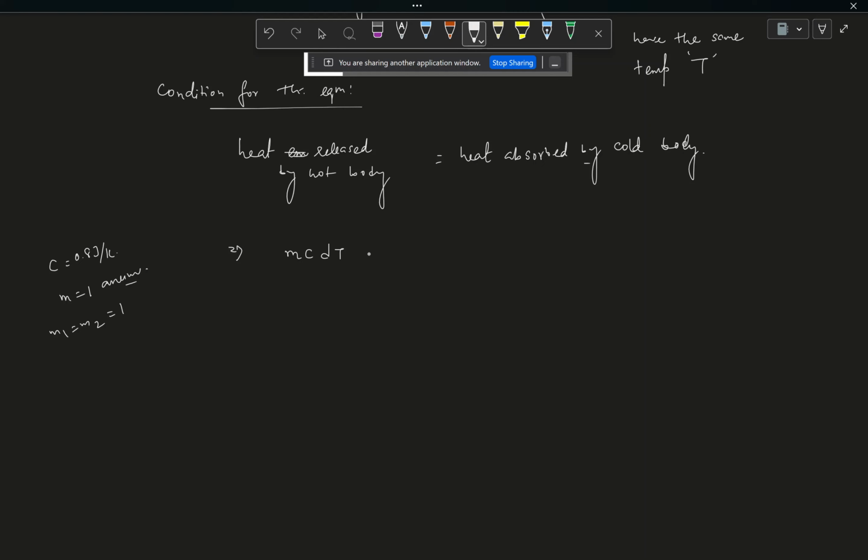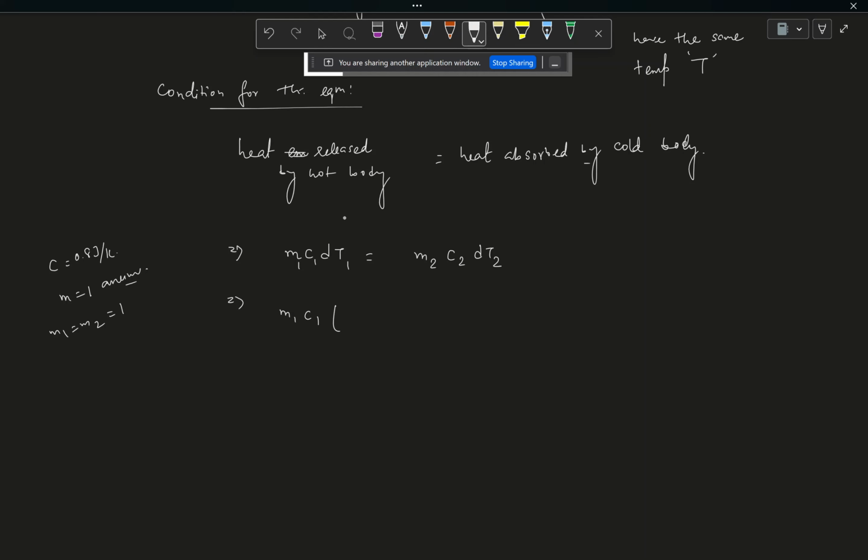So m1 equal to m2, both unity. So mc dt: first of all let us write m1 c1, because we consider one body has a mass m1 and a heat capacity of c1. So in this case the change in temperature, let's say, is dT1, and for the cold body it is m2 c2 and dT2. Now what is dT1?